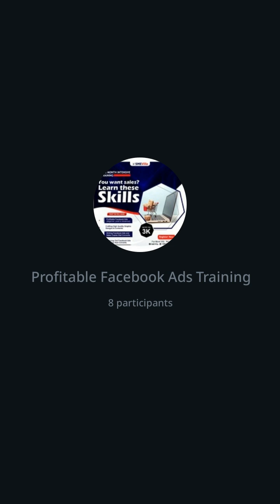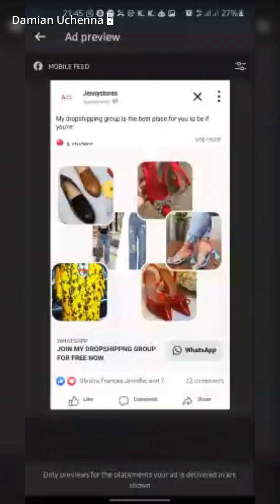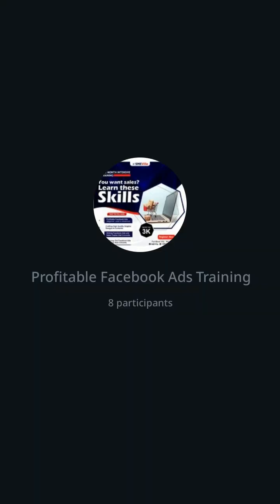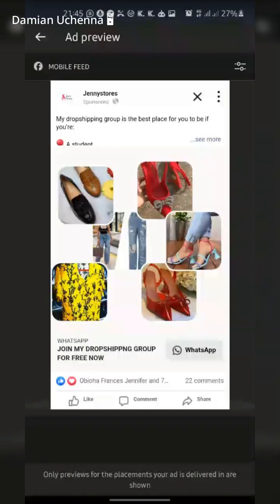So when I was supposed to set up this ad, I just went to Canva on my PC and put this together. I told the client to send me some of her products because she does drop shipping. And then boom, I just put these things together. This is just 1, 2, 3, 4, 5, 6. Just 6 images here.